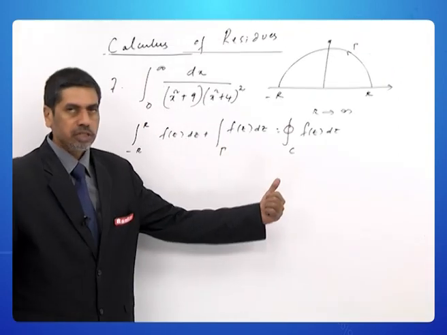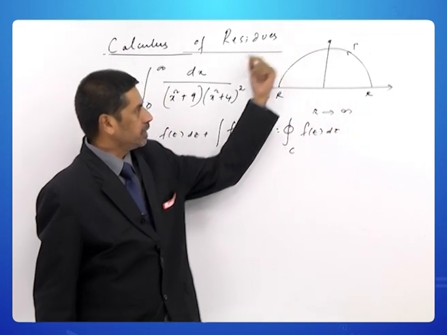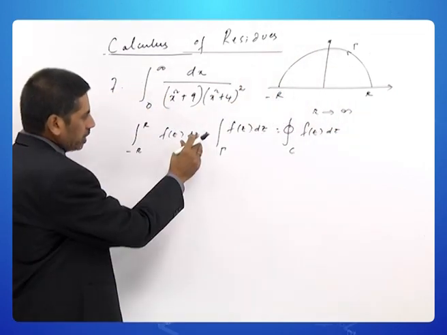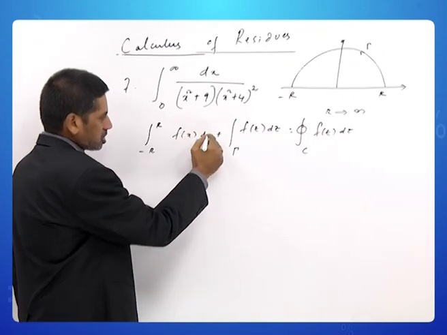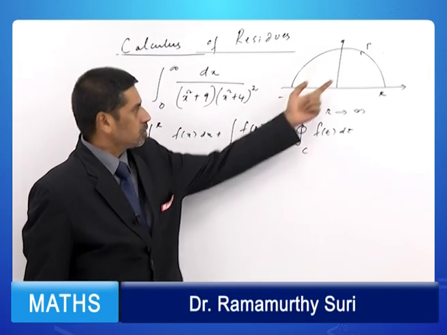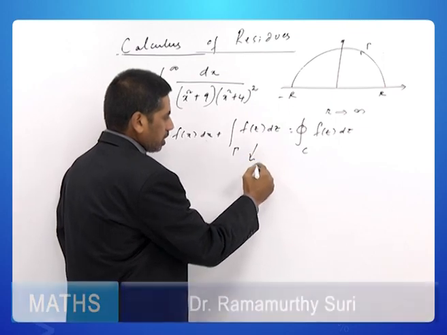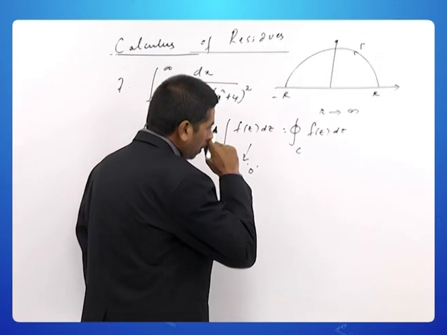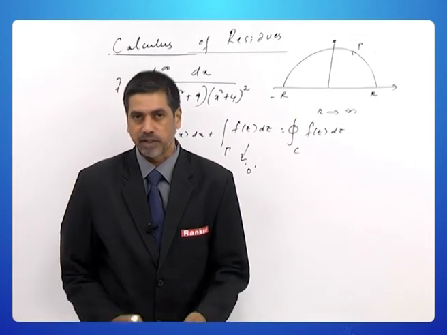So, the contour C consists of the real axis from minus R to plus R and then the integration over gamma. On the real axis, you do not have to write z, it is enough to write x. Now, the theory says that this integration over gamma will vanish, so this will become 0 under certain conditions. That is when you make R very, very large, then that integral vanishes.